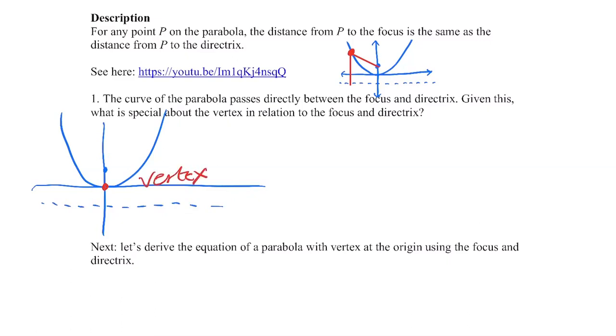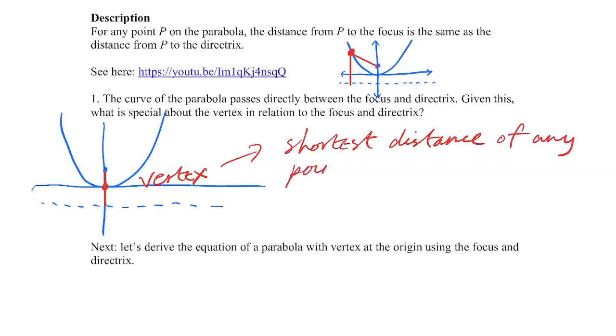Vertex. Now, what's notable about the vertex is that the vertex has the shortest distance on the parabola to both the focus and to the directrix. So, shortest distance of any point on the parabola to both focus and directrix.